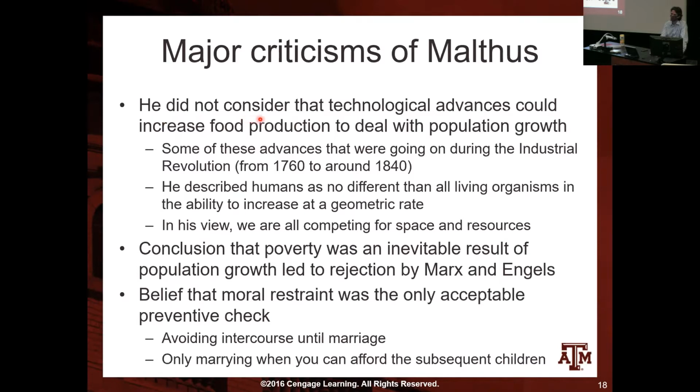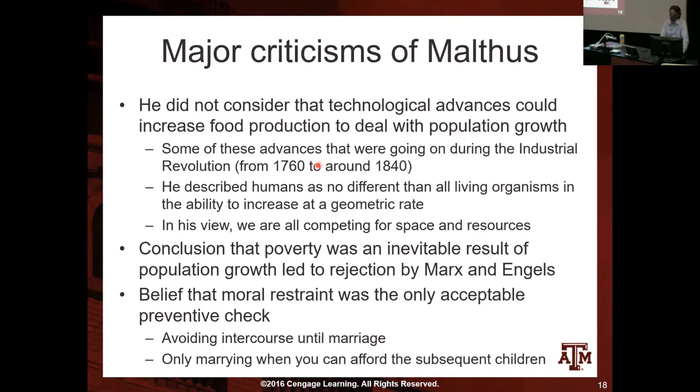So Patrick was asking exactly that: maybe our society will develop in terms of technology fast, so we will be able to increase food production not only at an arithmetic pace, but at a faster geometric pace. He did not consider that technological advances could increase food production to deal with that population growth.